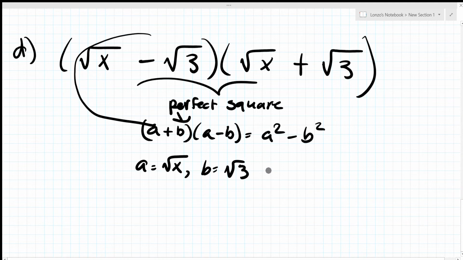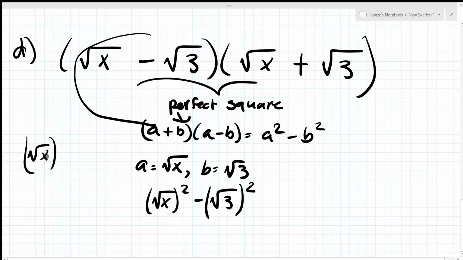So we've got to do a squared minus b squared, so it's going to be square root of x squared, minus square root of 3, and then you've got to square that. And remember, when you square a radical, the radical disappears, so you're left with x.